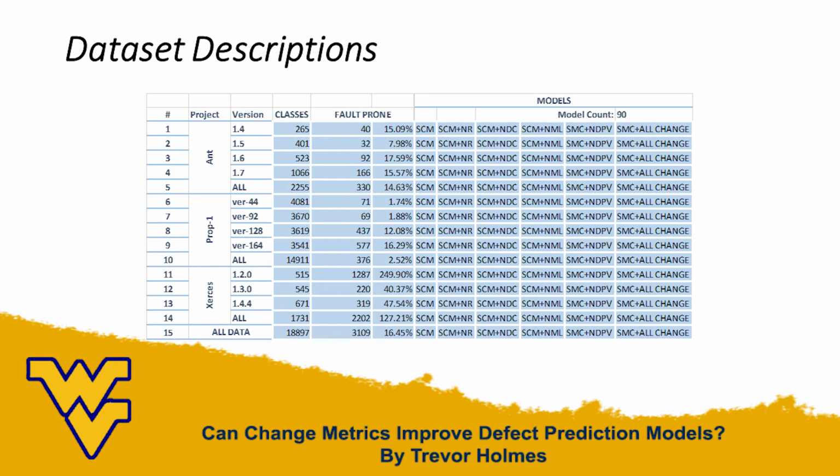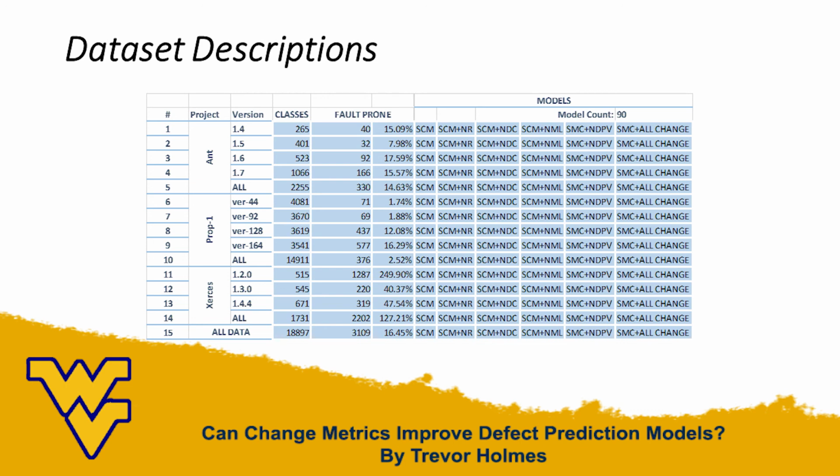So what we did is we used those 11 data sets, and I also included, so in total we had 15 data sets, because it was in MySQL, we were able to aggregate the various versions of software packages. So I took all the releases that we had, and I merged them into a software package data set, and I did that for all 3 of those.